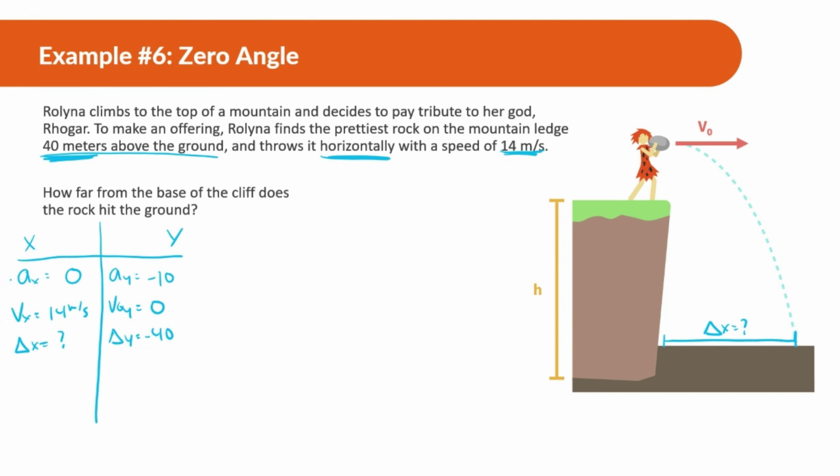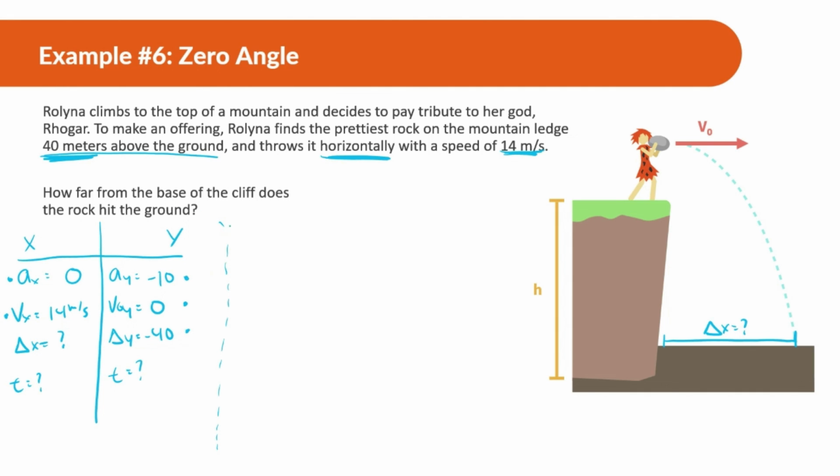We only have two pieces of information in the x. Something that's good is that we have three pieces of information in the y direction. So can we use that to help us with the x? The answer is yes. If we can find time in the y, that will be the same as the time in the x. So that's what we're going to do.